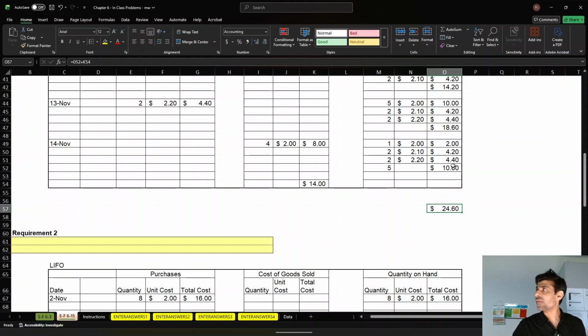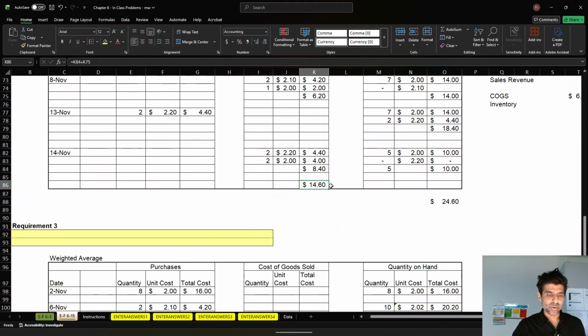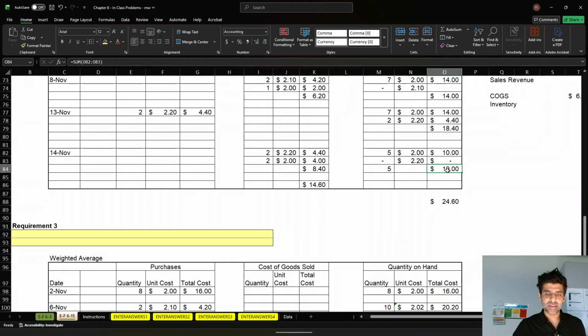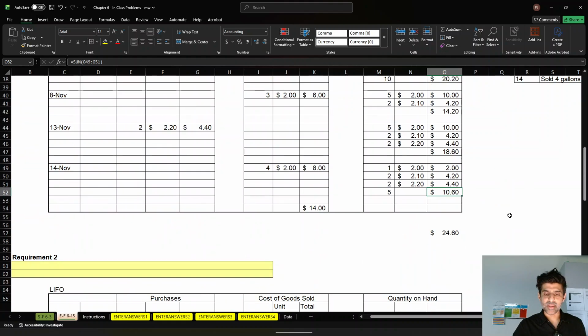They all have different cost of goods sold: $14, $14.60, $14.30. And they all have different ending inventories: $10.30, $10, $10.60. But the total of cost of goods sold and the ending inventory balance is the same. It's just split up differently depending on what method you use.